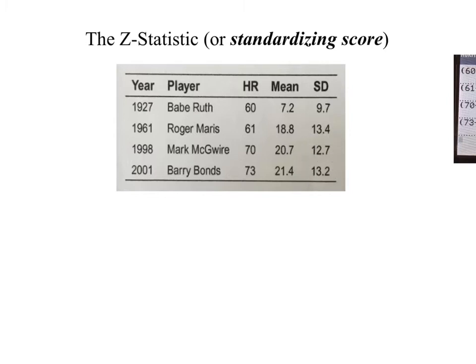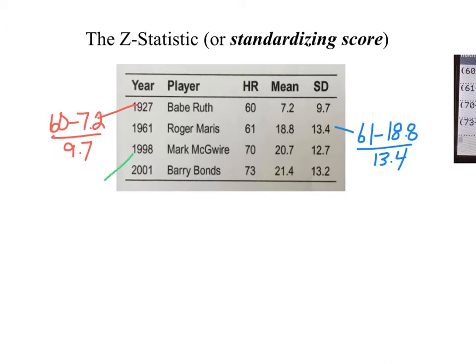So for something like Babe Ruth, you could say, well, he hit 60 home runs minus the mean divided by the standard deviation. Roger Maris, 61 minus the average divided by 13.4. Mark McGwire, 70 minus 20.7 divided by 12.7.